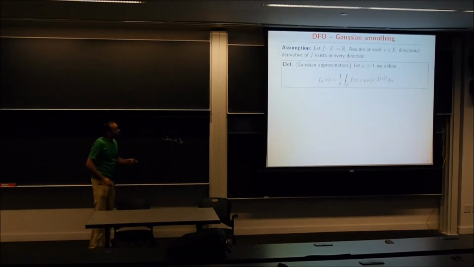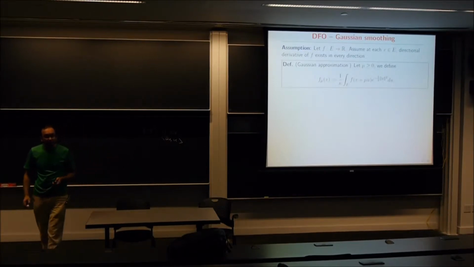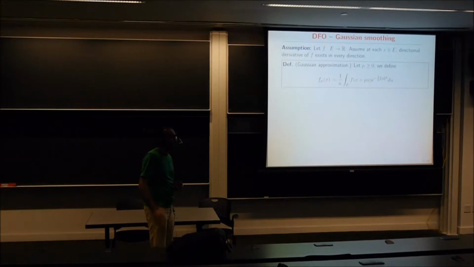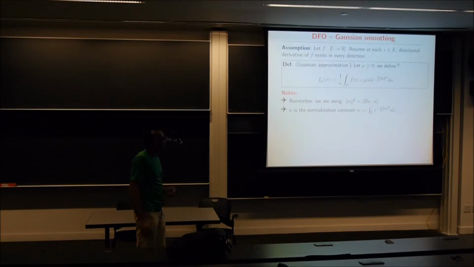It just hides the B inside that integral, so that it looks like a spherical Gaussian. So the smoothed f is that, and kappa is the normalization constant. That's whatever, 1 by 2 pi determinant, etc.